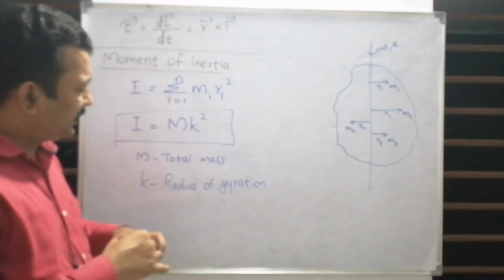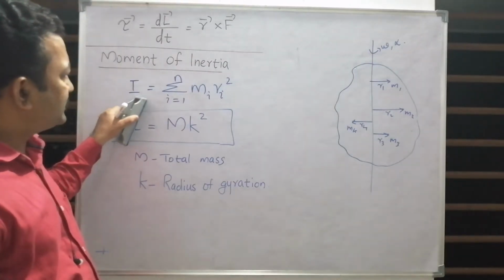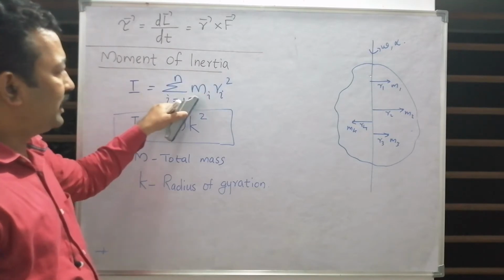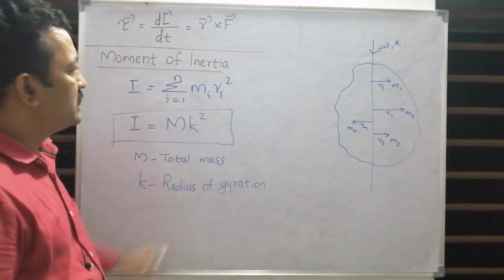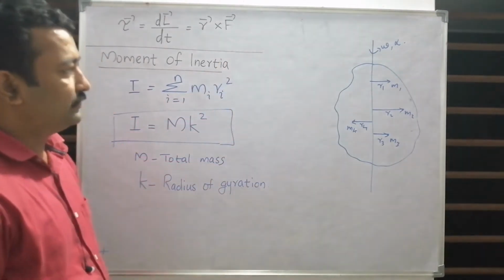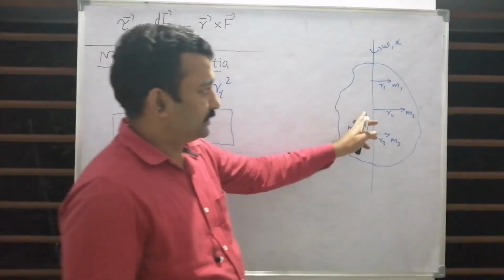So what does it indicate? See, I have expressed I is equal to sigma i = 1 to n mi ri square, where mi are the masses of individual particles, ri are the distances of individual particles from the axis.